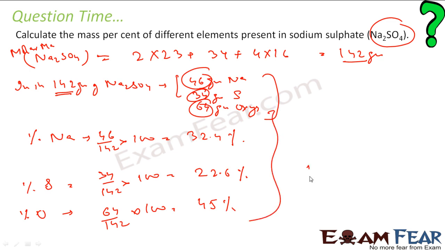Thus we see that we found the percentage composition of all the elements in Na2SO4. Very simple, just find the molar mass and assume that you have this many grams of Na2SO4. This contains 46 grams sodium, 34 grams sulfur, 64 grams oxygen, and then you apply the normal maths.